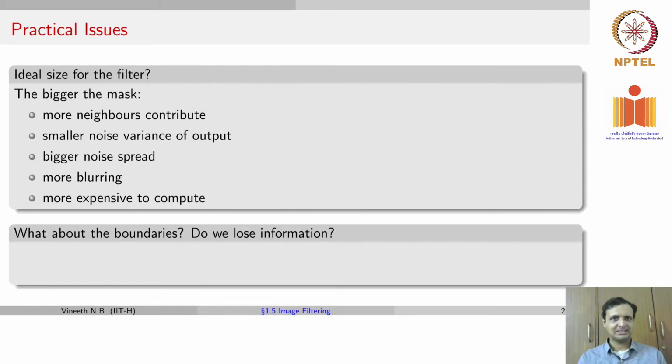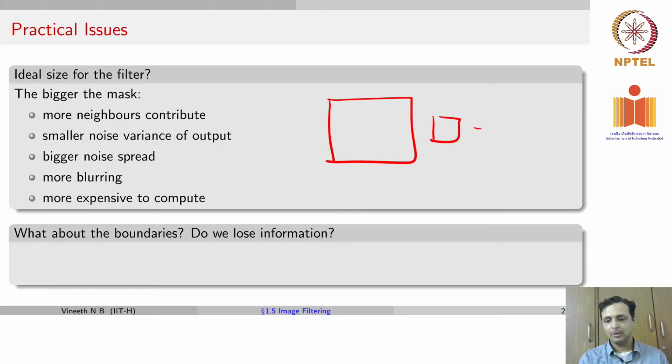What about the boundaries? This is perhaps a question that would have been in your mind all through. So when you do convolution, we said that if you have an input image and a kernel, you convolve and you get an output image. But we said that for a particular location at the output image, you have to place this 3x3 kernel at that particular location in the input image.